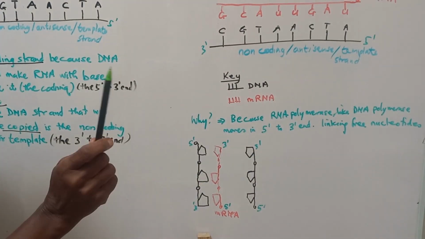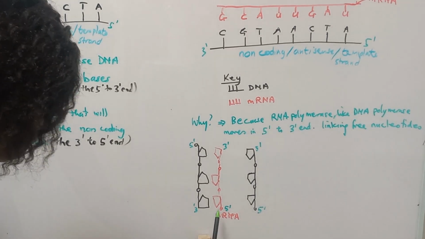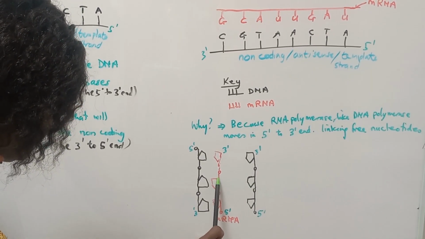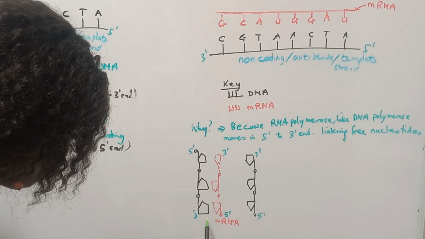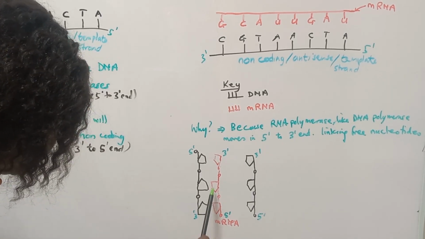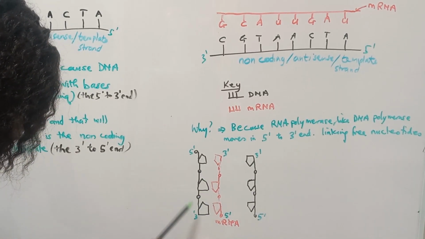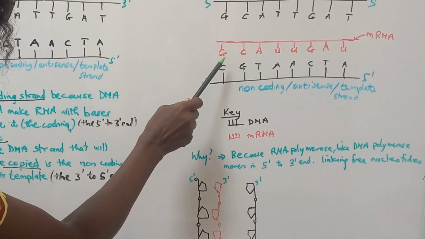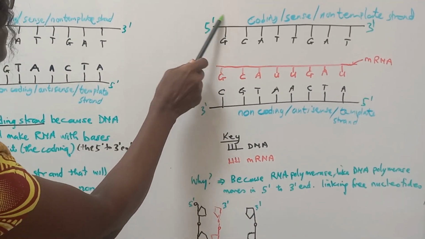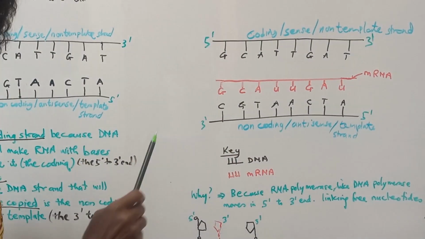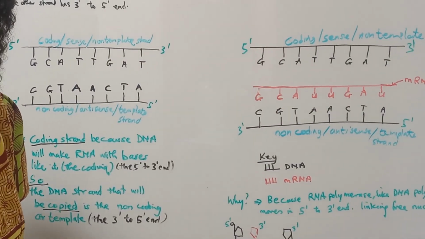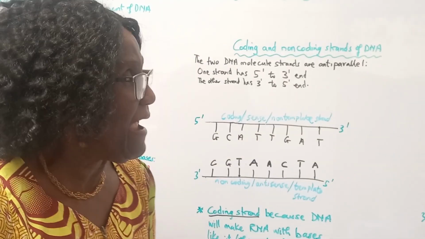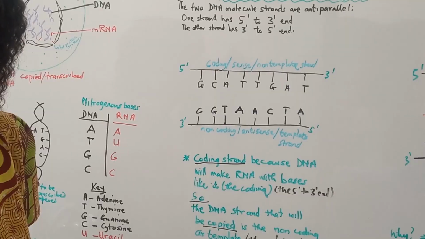And RNA polymerase moves 5 to 3. So it will form a complementary strand with the 3 to 5. And that is why it formed a complementary strand here, which has bases exactly like the coding strand. So this explains coding and non-coding strands and how RNA is formed.